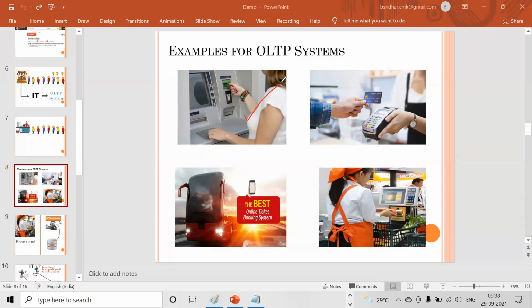But after this OLTPs came into picture, computers entered into Indian Railways business, and we used to get the computerized tickets. So initially, again, we need to go to the station and we need to get the tickets, though there are computerized tickets.